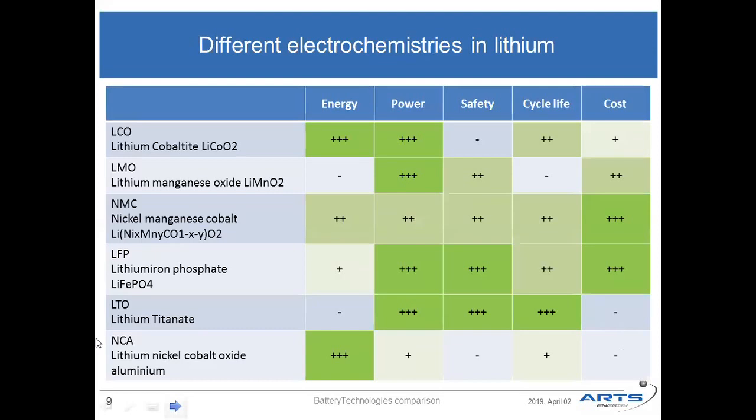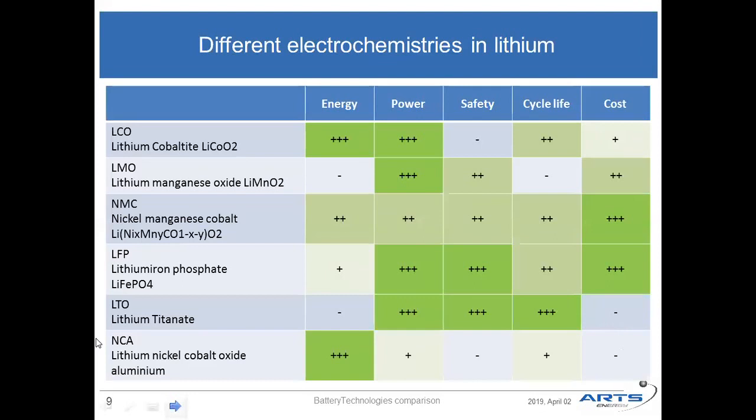Just a small comment about lithium-ion technologies. As you have seen before, we have separated three big families of lithium products: lithium, lithium iron phosphate, and lithium titanate. In fact, there are many more different technologies in lithium-ion.